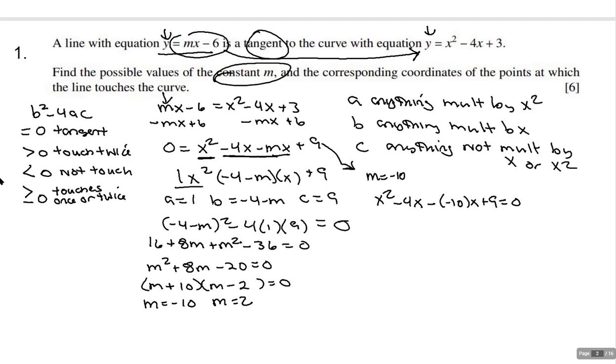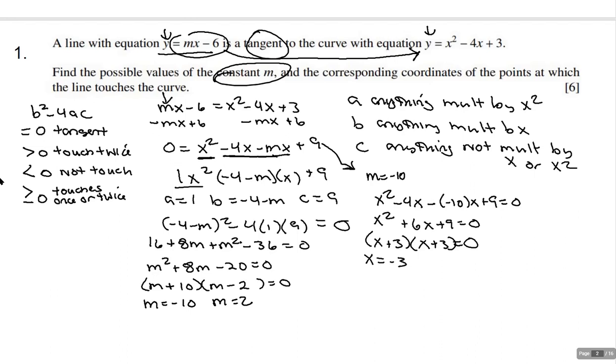What I get is negative 4x plus 10x, so I'm going to have x squared plus 6x plus 9 is equal to 0. And then when I factor this, x plus 3, x plus 3, x is going to be negative 3.